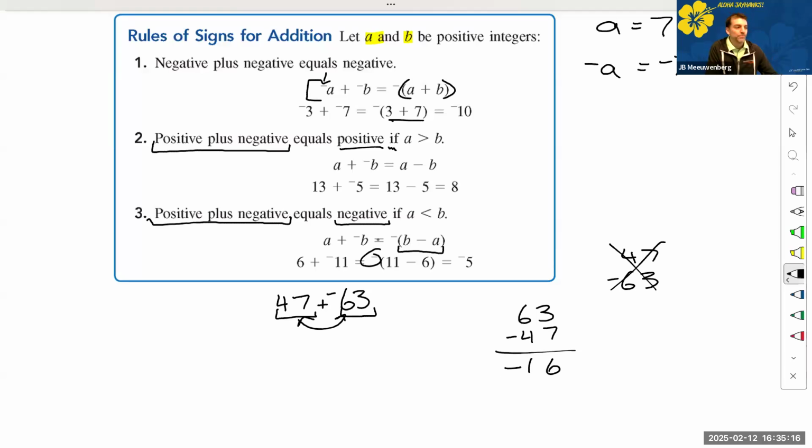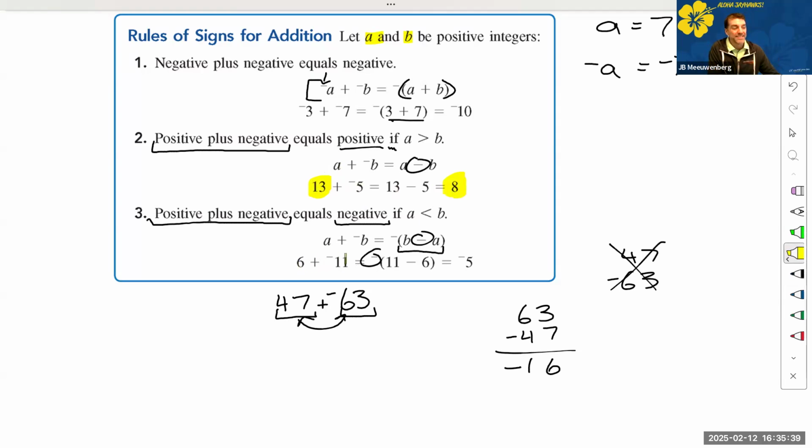A lot of people say when you're adding a positive and a negative, you just find the difference between the two numbers in whatever order you need to do it, and then you take the sign of whichever one was bigger. So in this first example, 13, if you just look at the A and the B, 13 is bigger than 5. So we know our answer is going to be positive.